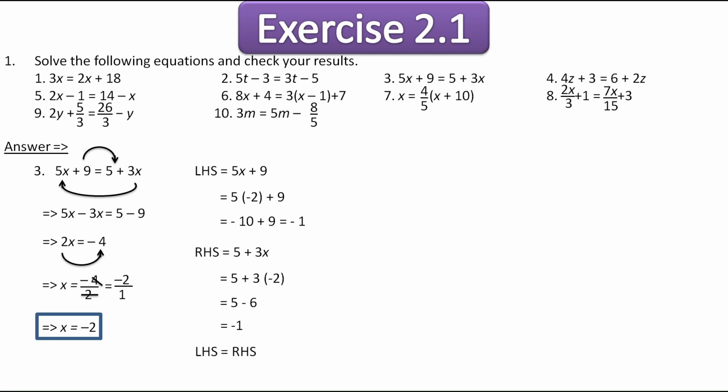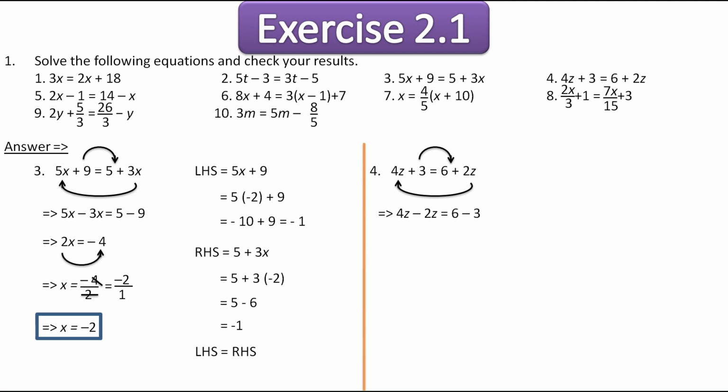Okay. Now let's check for the fourth one. Fourth one we have 4z plus 3 is equal to 6 plus 2z. Now we have to take this plus 2z to the left hand side. Okay. So it will become 4z minus 2z, and 3 will shift to the right hand side. So it will become 6 minus 3.